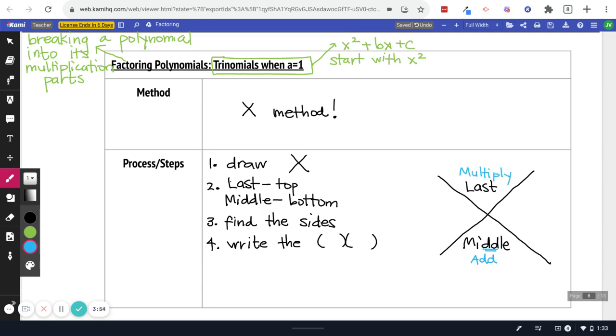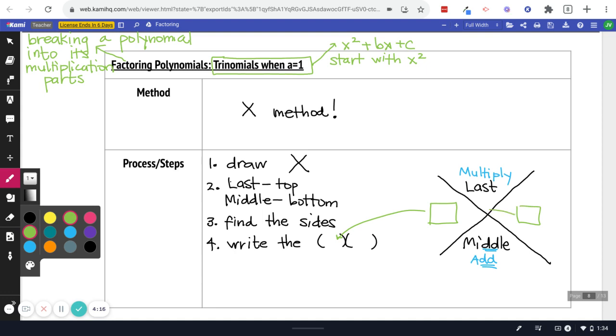So what's cool is middle and add both have those two D's, so that can be a good reminder that we're trying to add to make this bottom number. And so here we go. And then just really quickly, these two numbers go into their parentheses.